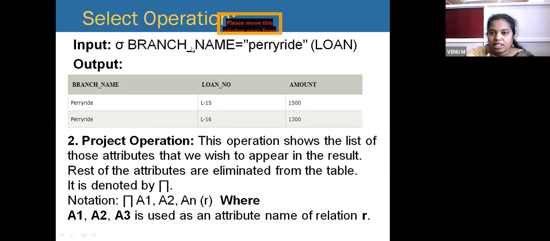This is the condition that we write before the relation name. Loan is the relation name, meaning the table name, and the condition is branch name equals Perry Ride. So the Perry Ride specific tuples are displayed as output.